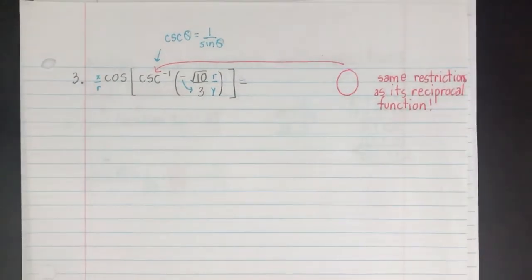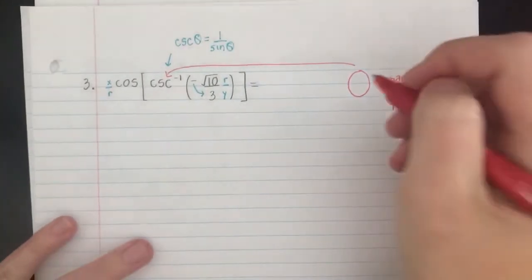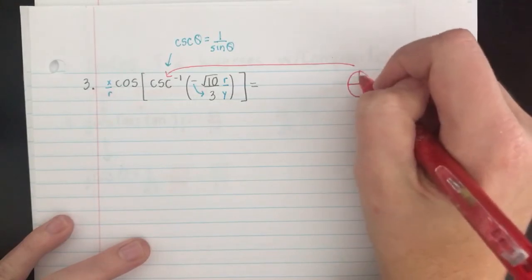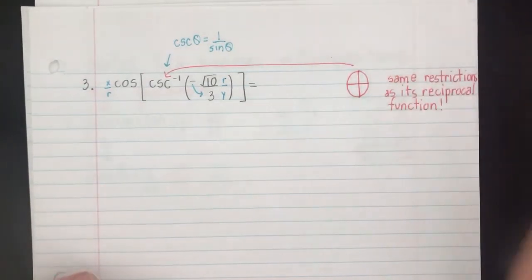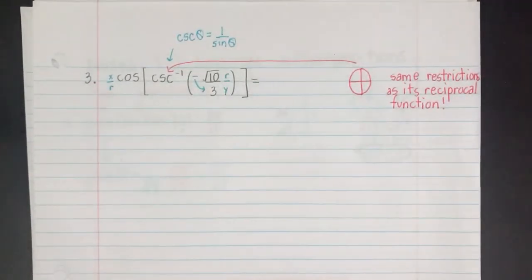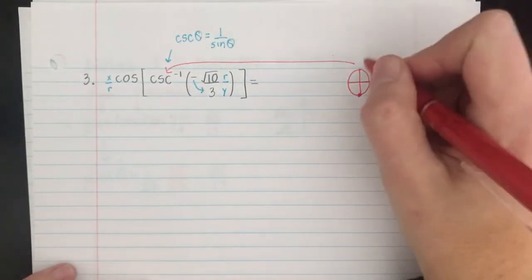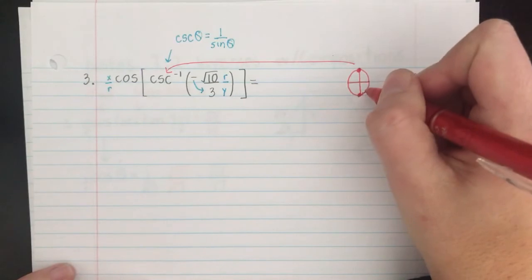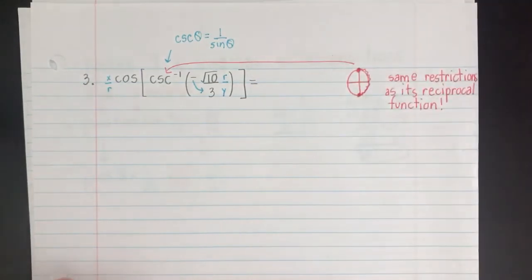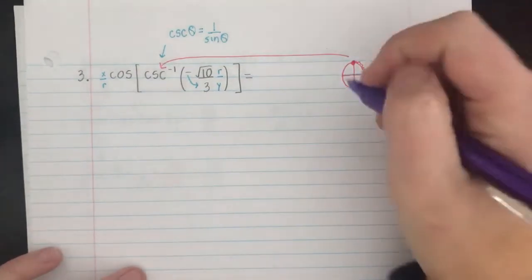Okay, so same restrictions as the reciprocal function. So let's think about sine inverse restrictions. Sine inverse restrictions will be from negative pi over 2 to positive pi over 2. So that right there tells us exactly what we need to know.